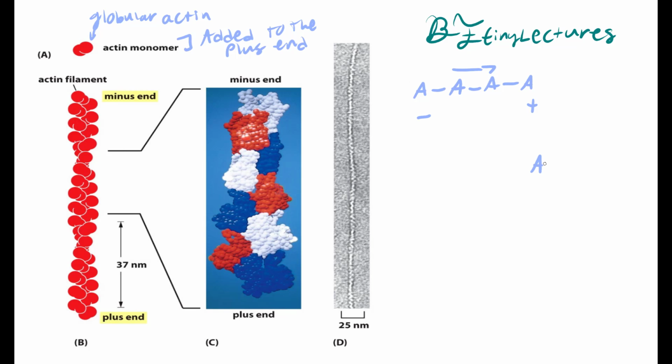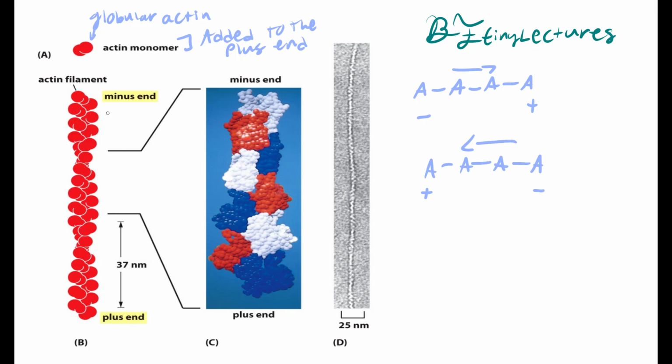If instead you see the actins being added going from right to left, then the left side is the positive side, and the right side is the negative side.